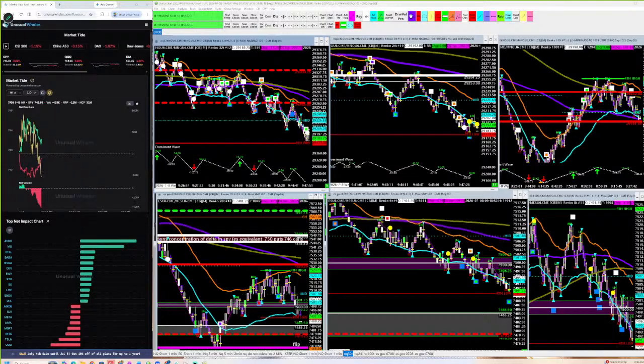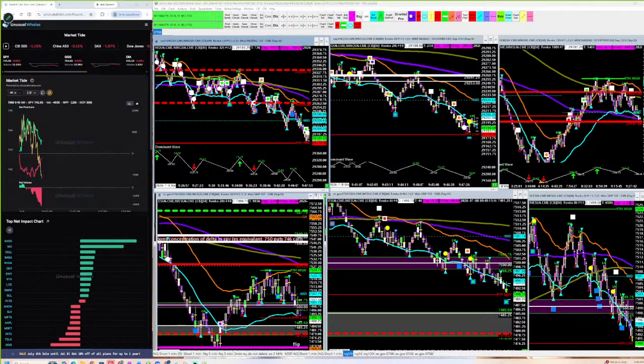Slow grind down, guys. I would not fight it. My experience has been when those cross, meaning the green and the red cross, that you have another 20 to 50 points when everything's aligned and the downside move within the next 45 minutes. Or they're stopped sometimes. Yes. But it's the same trade I've been calling out in the room over and over and over.